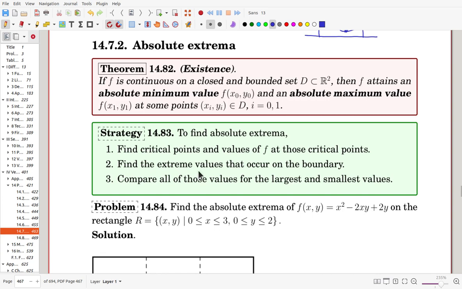And secondly, we find the extreme values along the boundary, and among them the largest one is the absolute maximum and the smallest one is the absolute minimum. So the strategy is really almost the same as for functions of one variable.